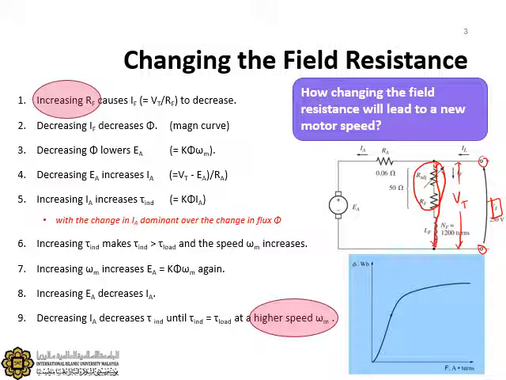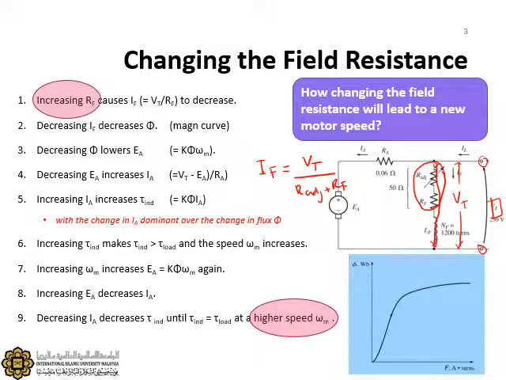So if I write it down, IF is equal to VT divided by R adjustable plus RF.